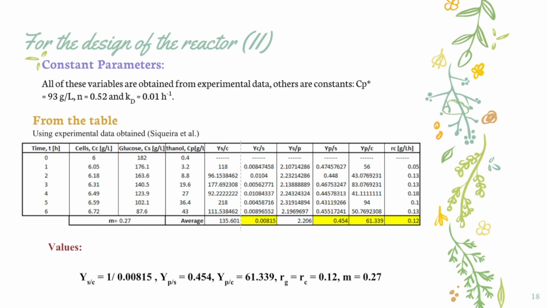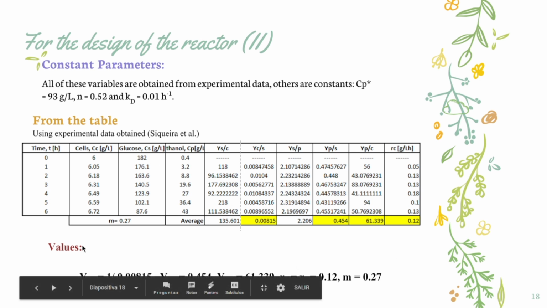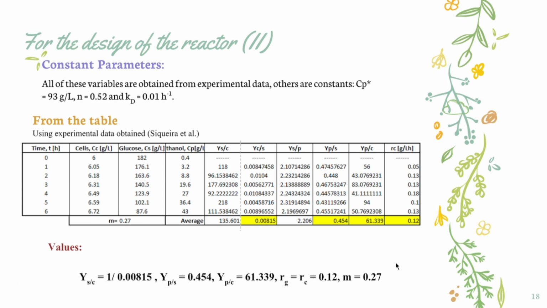In this case, we are using the same enzyme that is utilized in the production of beer. And from experimental data obtained by Siqueira et al., we obtain some of the other parameters that are needed to solve the reactive system, which will be in the lower part. We can see them.